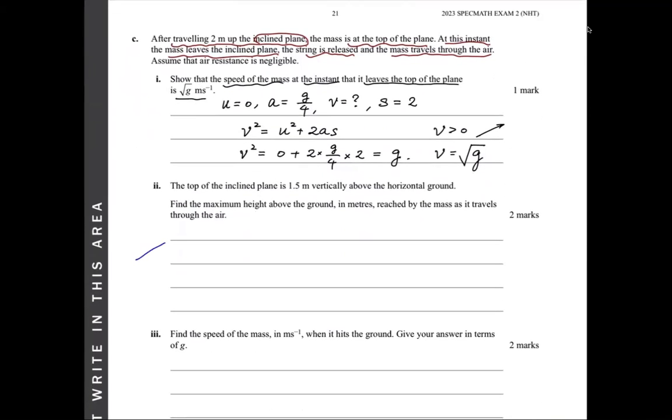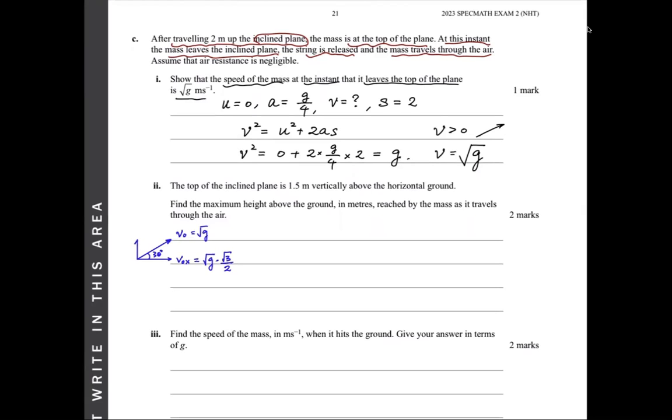So actually, we can decompose v naught equals root g into two components. v naught x equals root g times cosine 30 degrees, so root g times root 3 over 2.